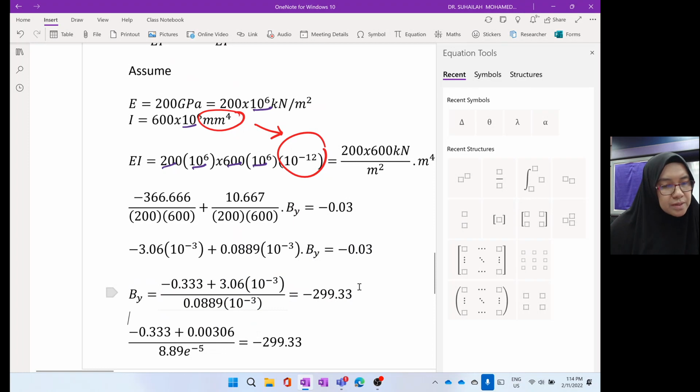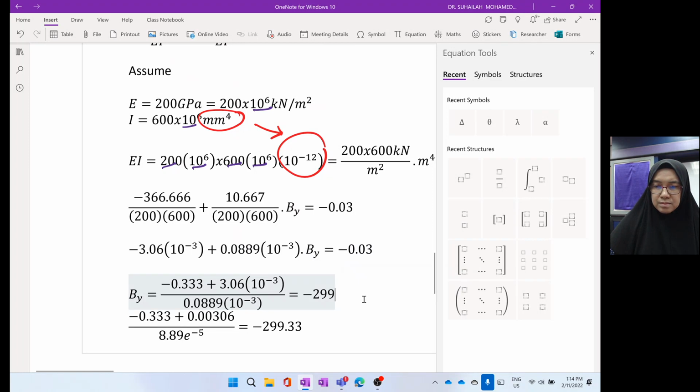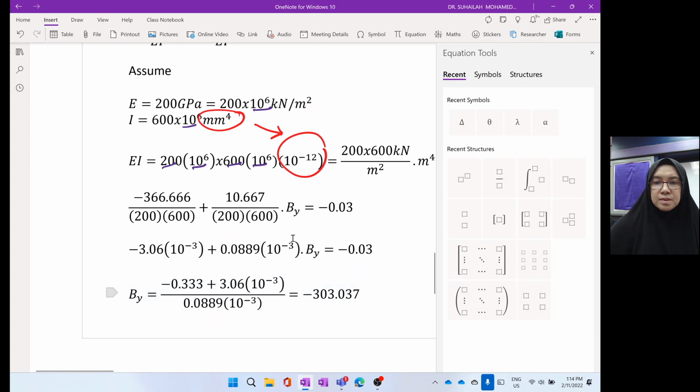Kita dapat sini 303.037 ya. Ini buang. So inilah dia kan. Okey, satu lagi cara.